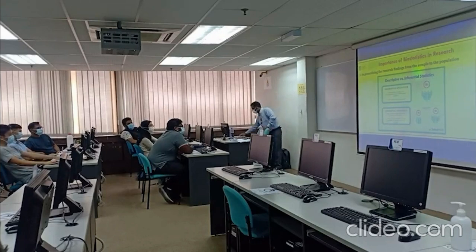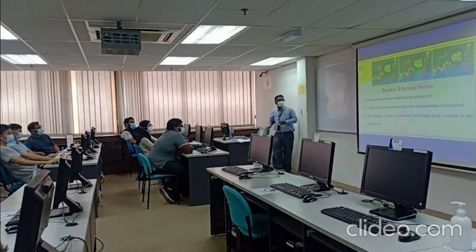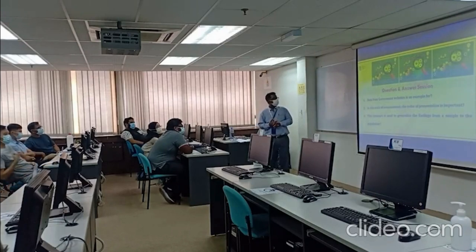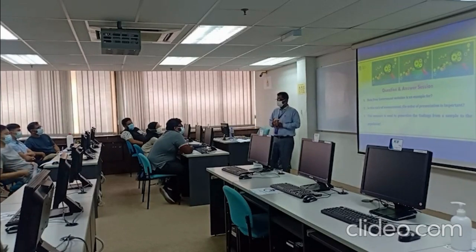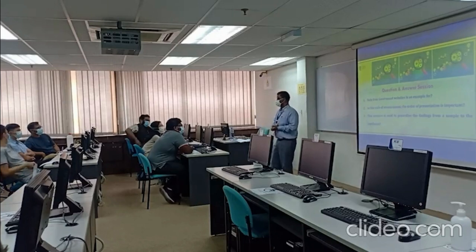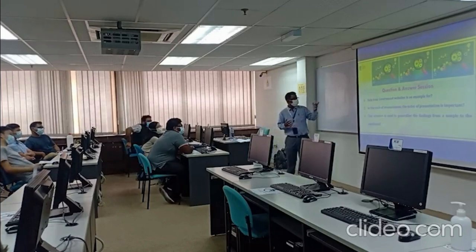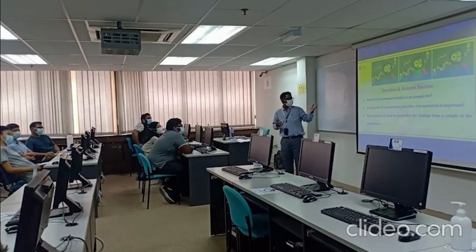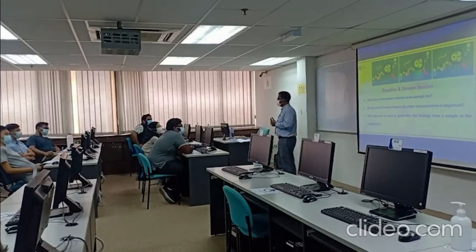Now I will ask you some questions. Data from government websites is an example of secondary data. Very good. I'm so happy that you are listening. In the scale of measurement, order of presentation is important: ordinal.